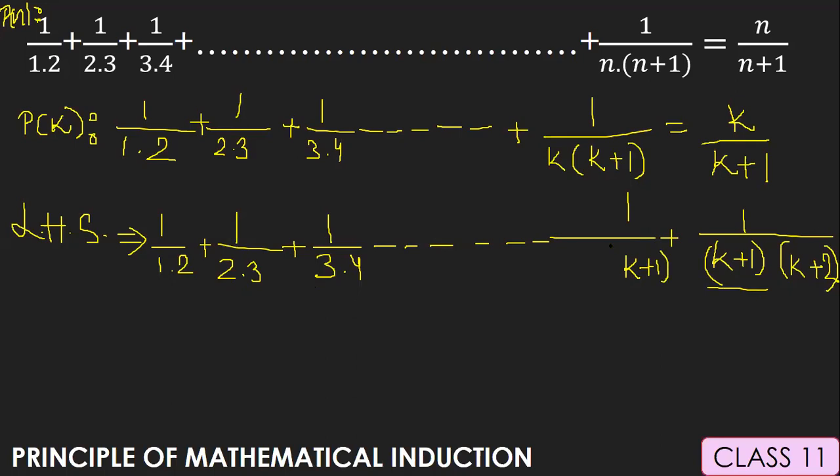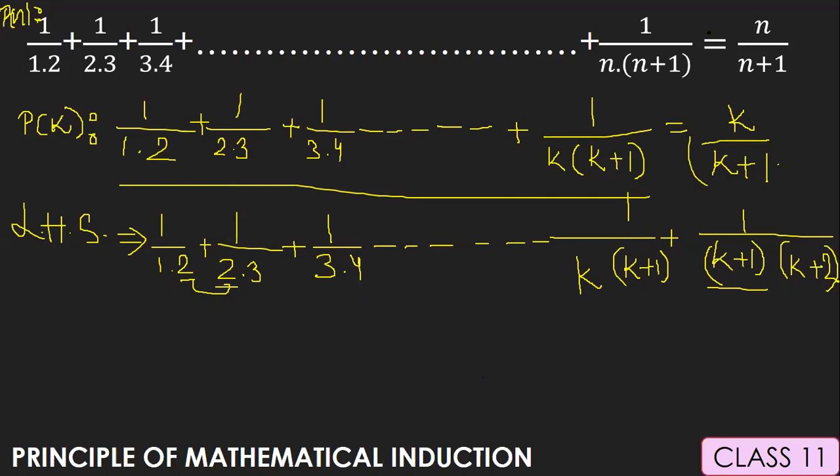And you could see, if the second number is the first number of the next fraction, then the first number is 1 minus the second number. So this number would be k, right? And you could see this is already Pk, and you know that its value would be k upon k plus 1.